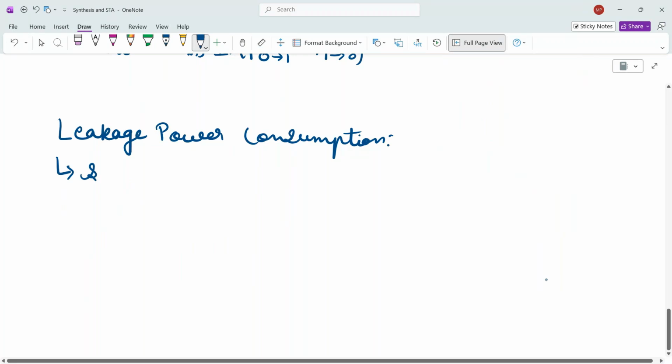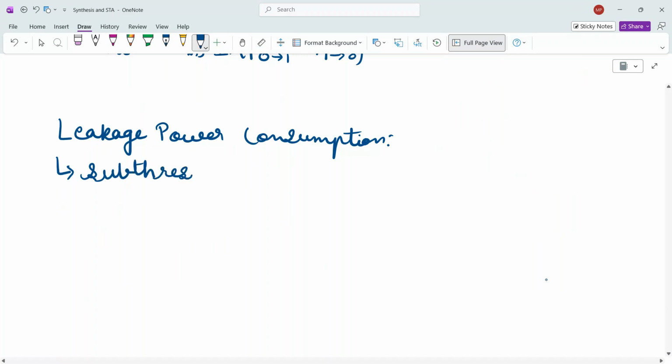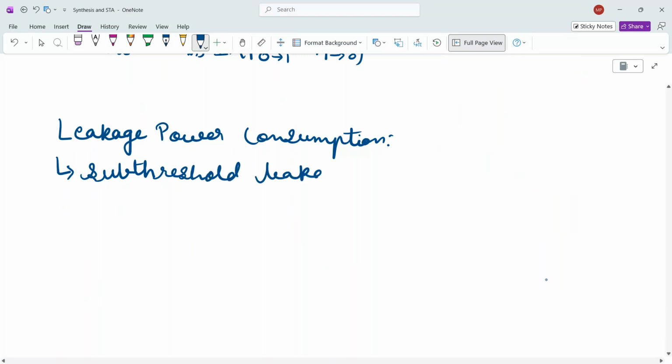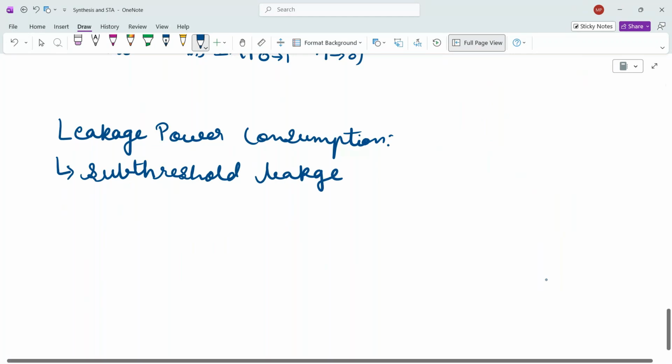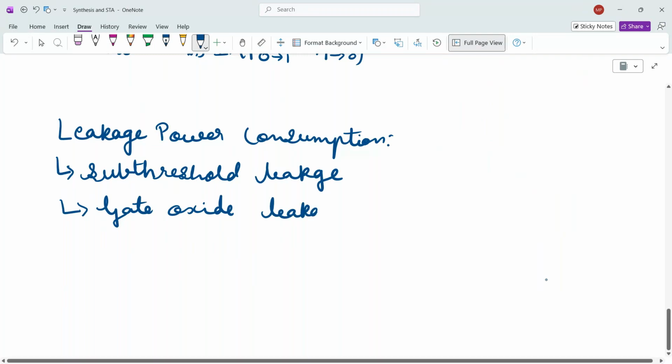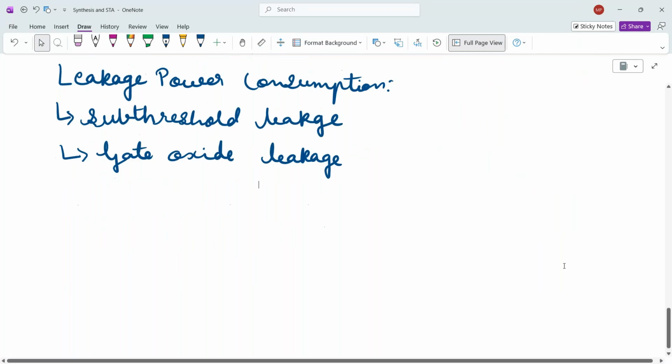Out of all of them, these two are more significant. Correct. So what is subthreshold?